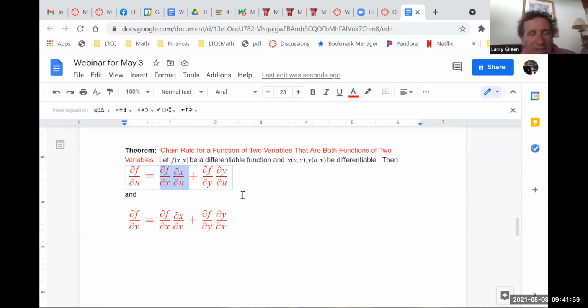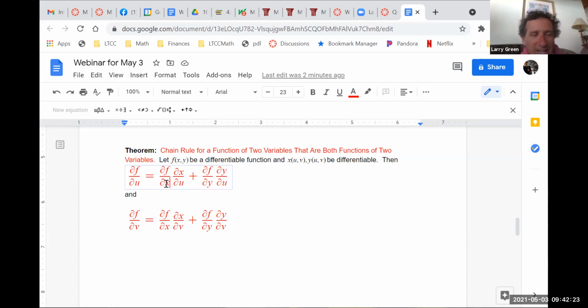In fact, it looks like the way I've got it written, I'm going to have del f del u is 2 del f del u if I cancel the two fractions and add. Yeah, that's the answer. These are not fractions. Just because we write it to make it look like fractions, partial derivatives are not fractions, period. So that's just something to get used to. Even though they look like fractions, they're not fractions.